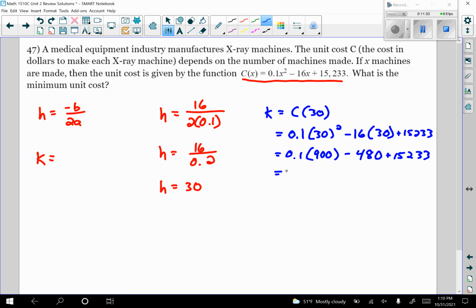Like I said, if you need a calculator for this, we can continue. So 0.1 times 900 should give us 90. It's going to give us 90 minus 480 plus 15,233.